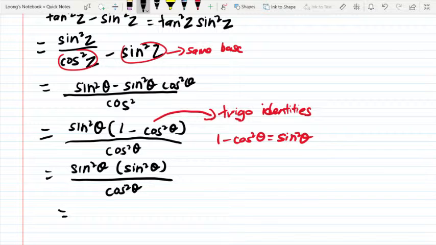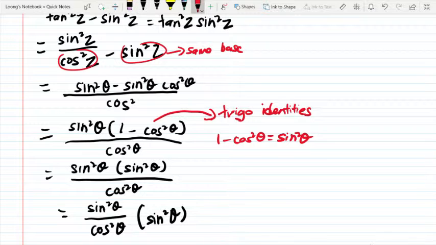And we could further separate these two, and this here could become a tangent.